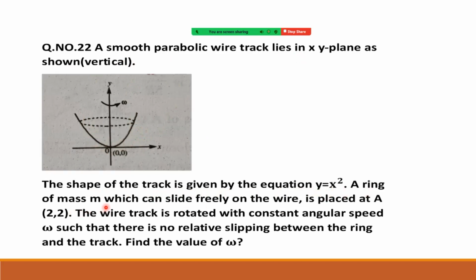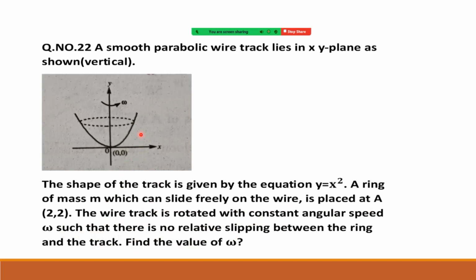A ring of mass m which can slide freely on the wire is placed at A, that is (2, 2). The wire track is rotated with a constant angular speed omega such that there is no relative slipping between the ring and the track. Find the value of omega.